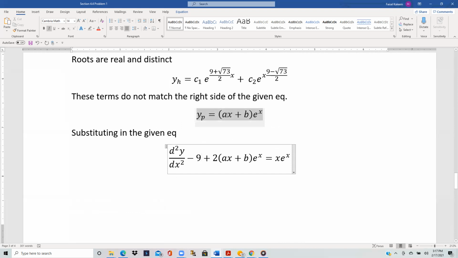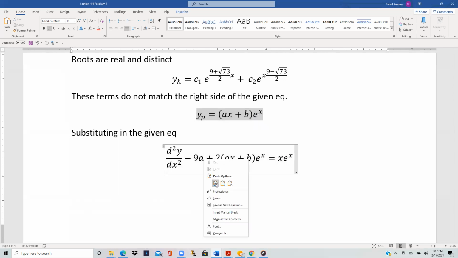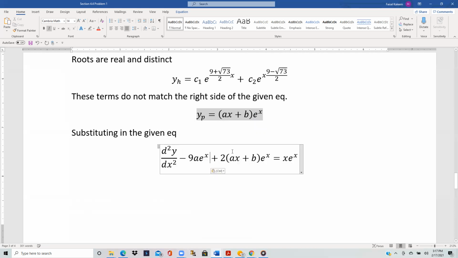So if you use the product rule on this factor ax plus b and the other factor e to the x, the derivative of ax plus b is just a, and then you keep the other one, you keep the e to the x. The derivative of the first function was a, and I kept the second function. And the negative 9 is a constant, so that stays out.